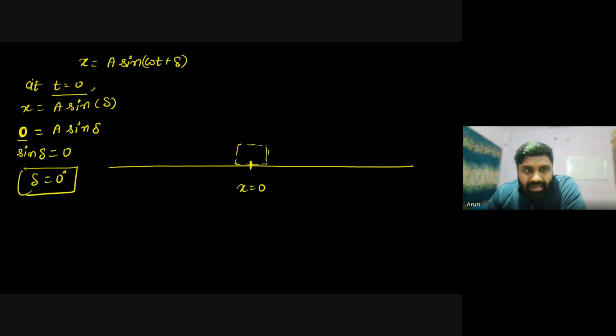Now you can see how delta will change if the status changes. Let's say at t equals 0, the body is at the maximum displaced position, which we mark as A, and this is minus A. So at time t equals 0, the body is at the extreme position.